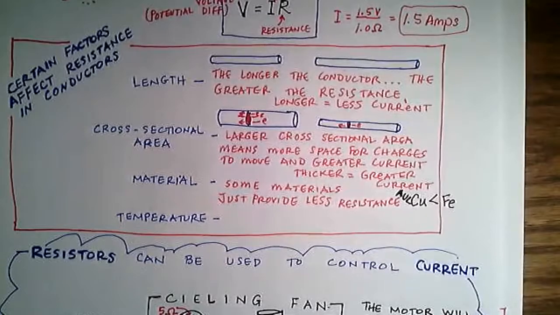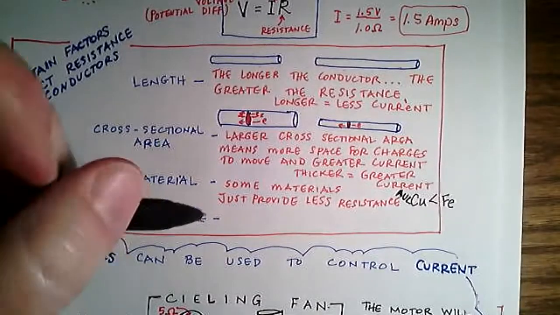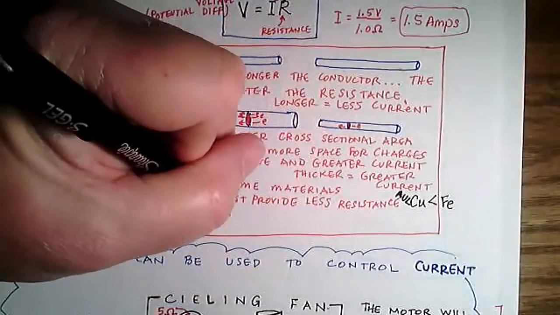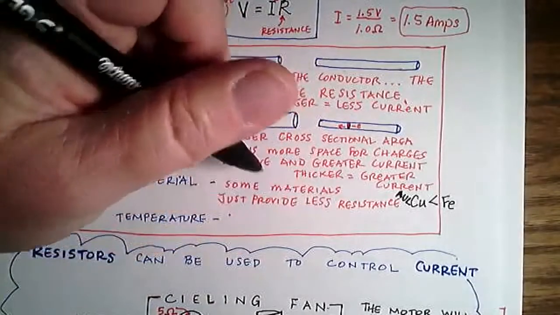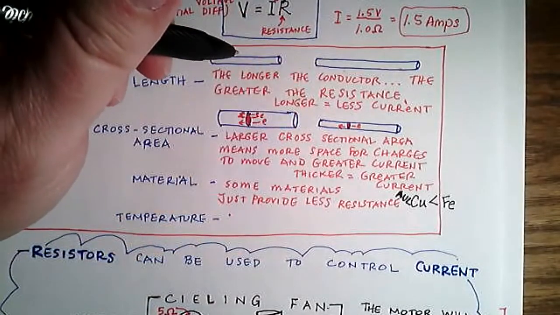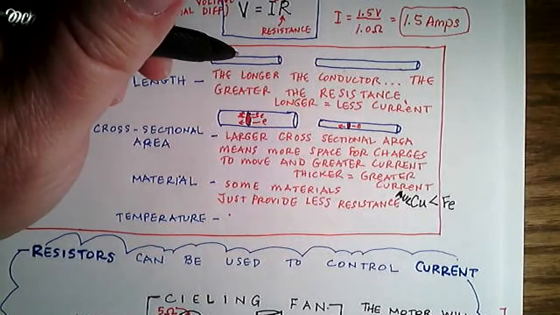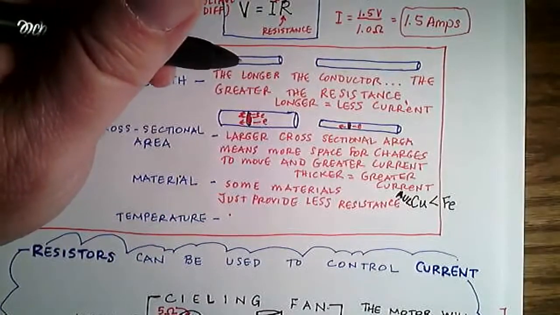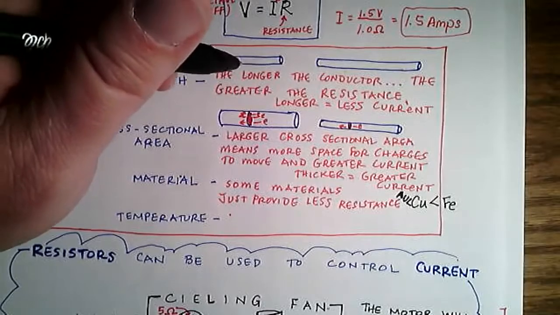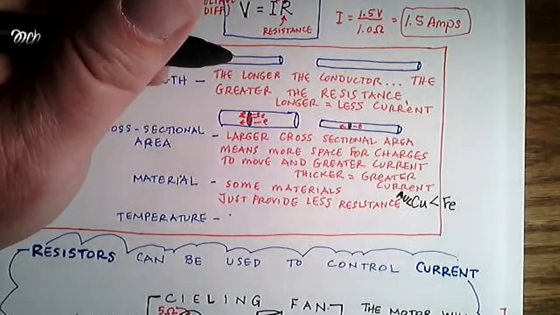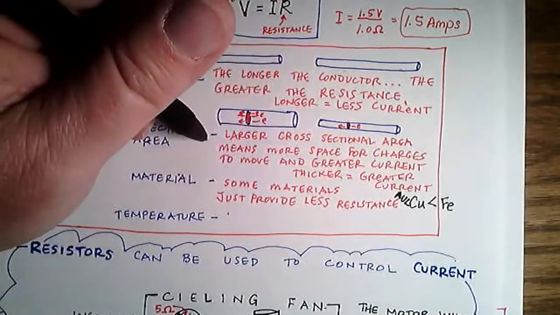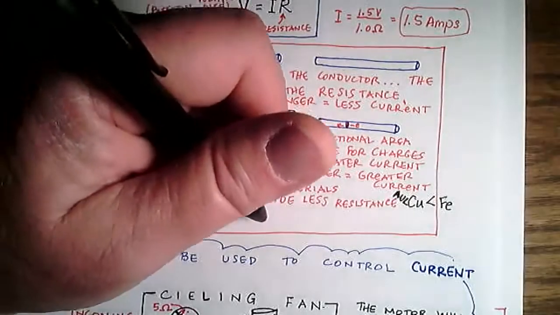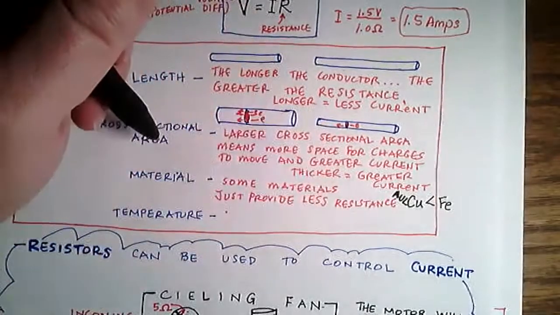Okay, and lastly, temperature. Temperature changes resistance. If you've got a short circuit, which I mentioned earlier, and it starts to heat up the wire, because the wire gets hot, it provides even more resistance. So it's kind of a runaway thing where a little bit of resistance starts to heat up the wire, and as the wire gets hot, it provides even more resistance, which heats up the wire even more.